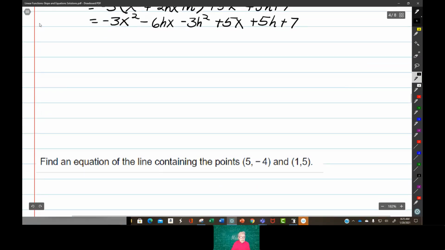This is what f of x plus h equals. This might be the hardest part. But we don't have time to linger. So let us move on to step 3, which is f of x plus h minus f of x.